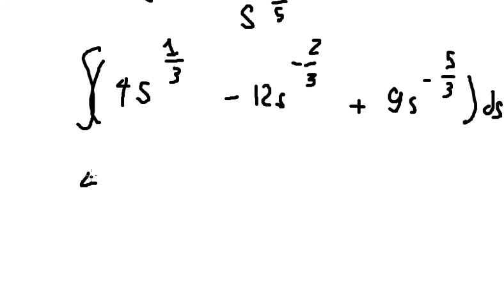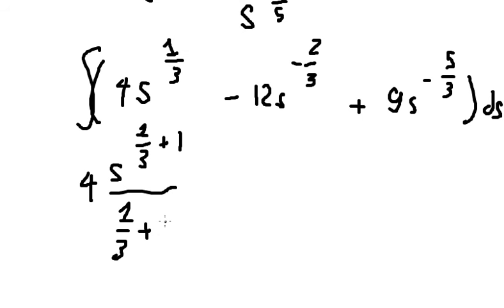And we got the final answer. We have 1 over 3 plus 1 over 1 over 3 plus 1. Similar for this one.